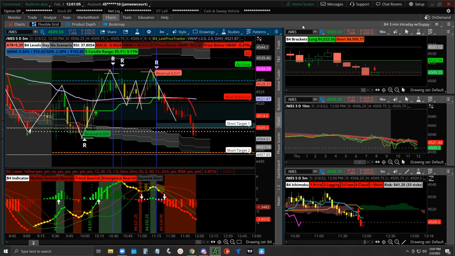But one thing I also want to show you guys before I go: what do you see here? If it's a wedge, that means there are 3 pushes, right? What is a 3 push?